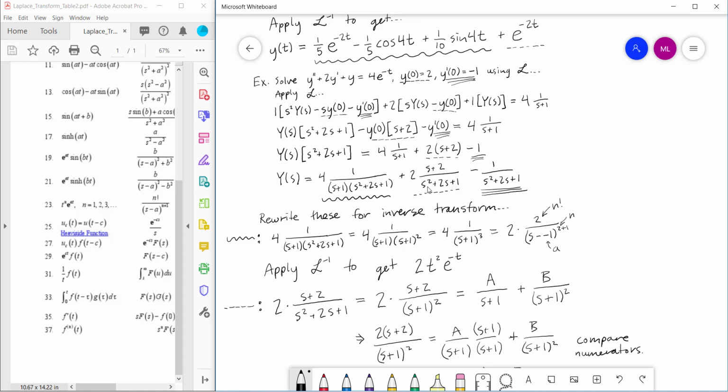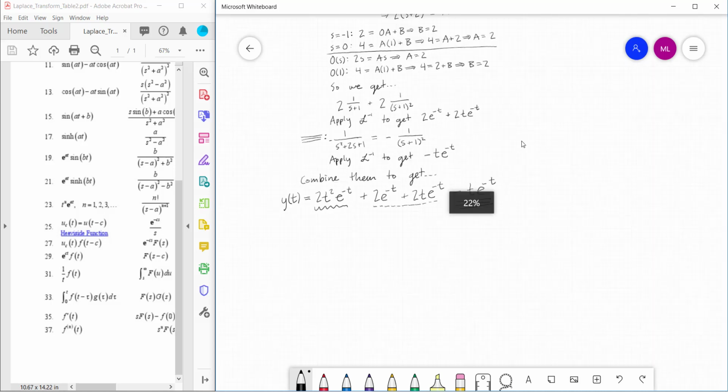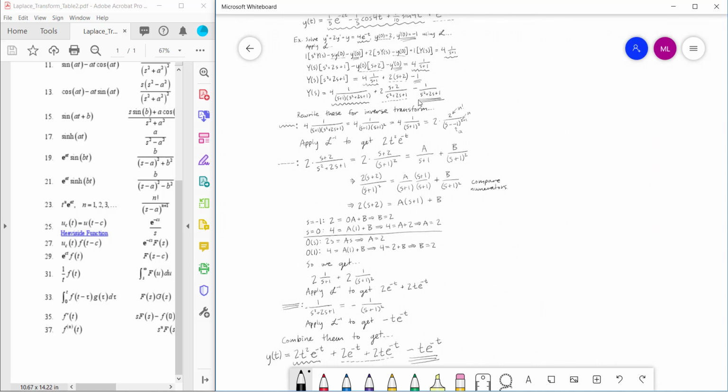And then the squiggly underlined piece came from this piece, came from this piece. So our forcing term contributed the result of this, and the two different initial conditions resulted in those two separate pieces. So coming back down here, here's what the forcing term led to, here was what the initial position led to, and here's what the initial velocity led to in terms of the contributions in the original problem.